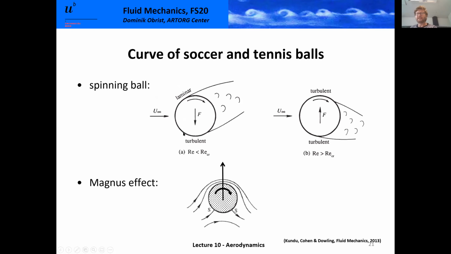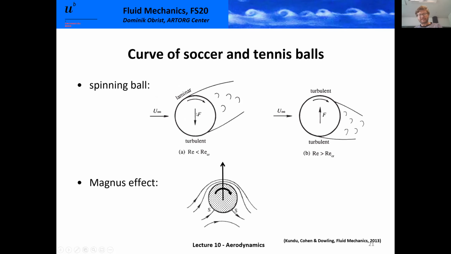So locally, this boundary layer sees a higher Reynolds number, a higher velocity. So locally, this boundary layer becomes turbulent. It becomes turbulent and remains attached longer. So we get an asymmetric flow separation. And again, same story as for the cricket ball, just for different reasons, but the end story is the same. We have a turbulent boundary layer at the bottom, a laminar boundary layer at the top. We get a curved ball again, downward or to the left of the direction of flight.